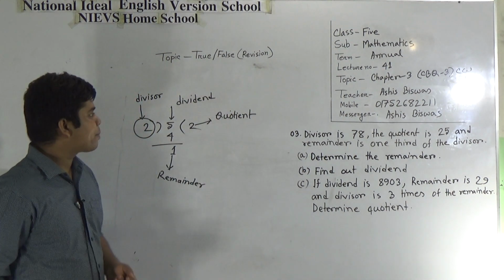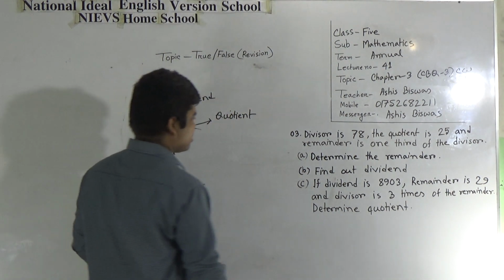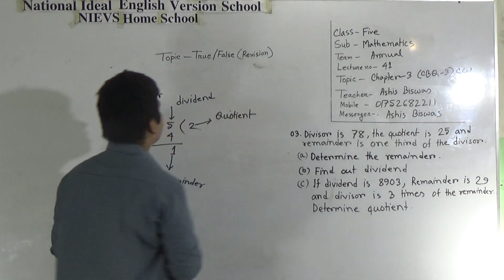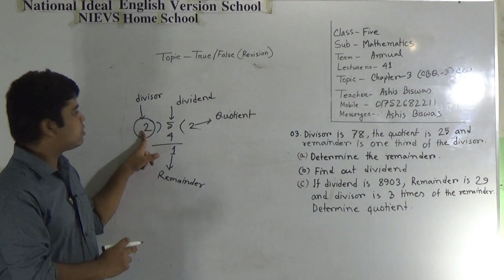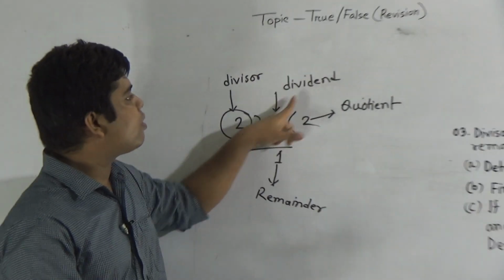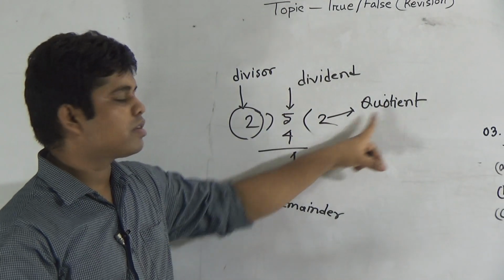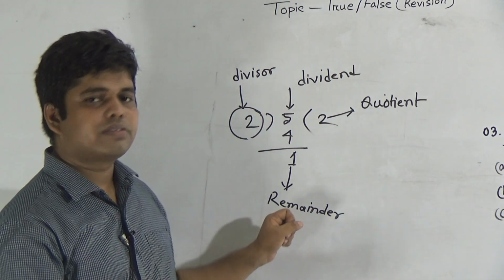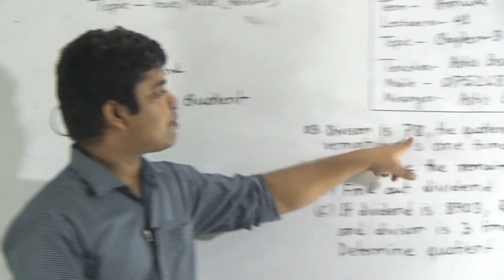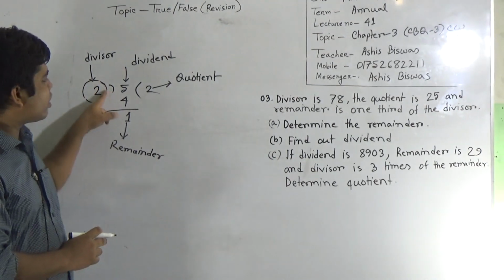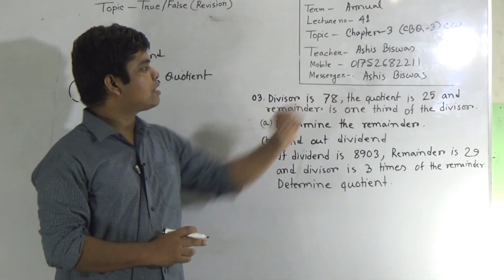I repeat, this is called divisor, this is called dividend, this is called quotient, this is called remainder.